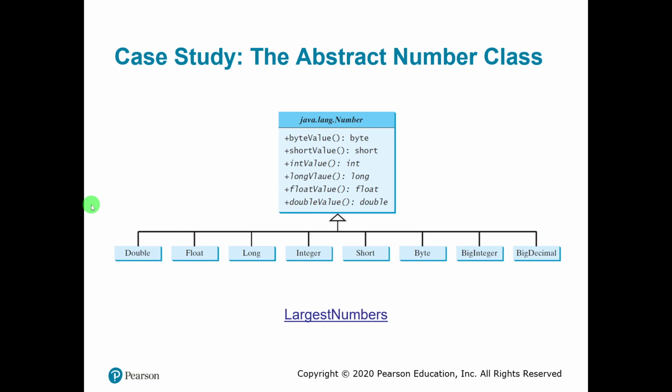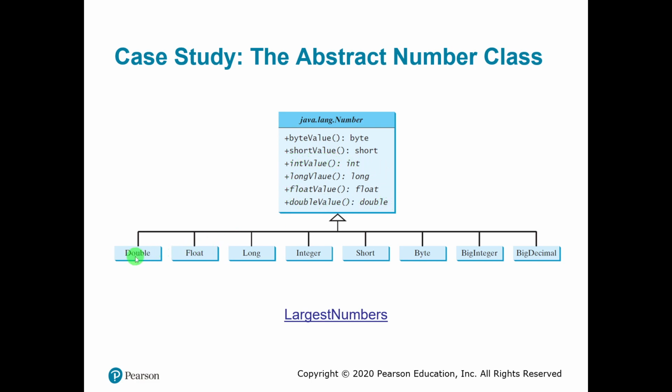And then let's take a look at this, because this is actually the number class that's built into Java. The number class is an abstract class. And we know it's abstract looking at the UML diagram because it's in italics. Okay. So it has a byte value, a short value, and then look, we have some italicized int value, long value, float value, and double value. These methods are abstract.